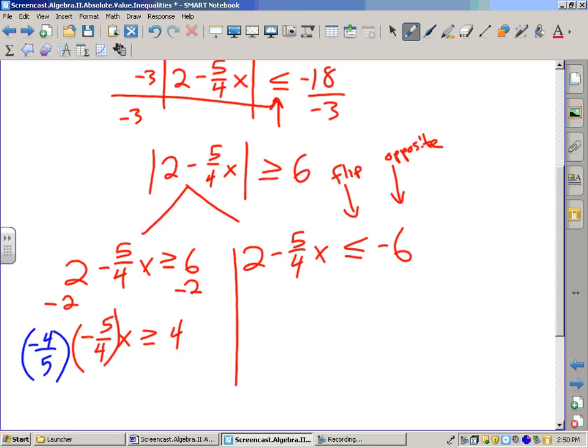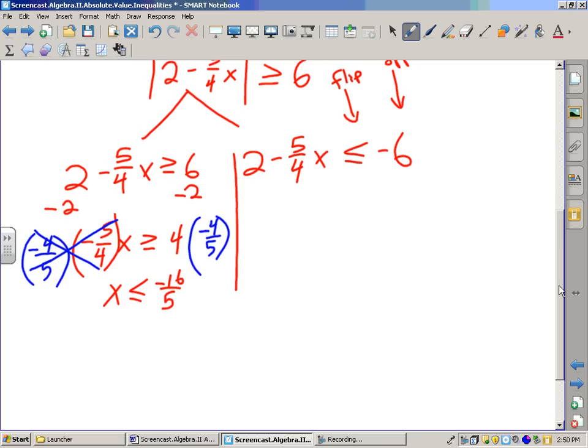Or in the world of fractions, you just use the reciprocal. But I have to do that on both sides. Okay, these cancel out and become 1, which is nice. So this is really x, and because I multiplied by a negative, I have to flip this sign again. X is less than or equal to negative 16 over 5.